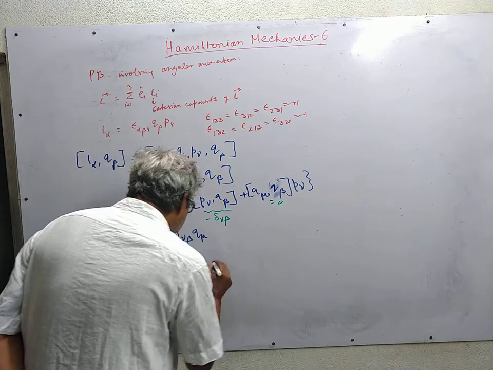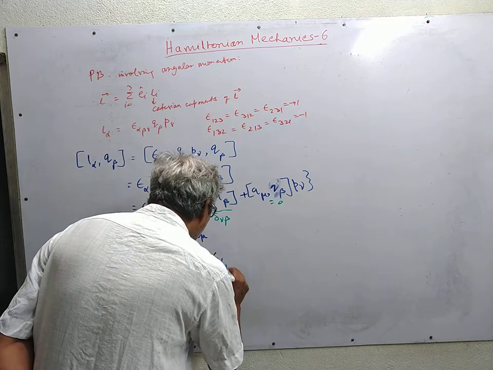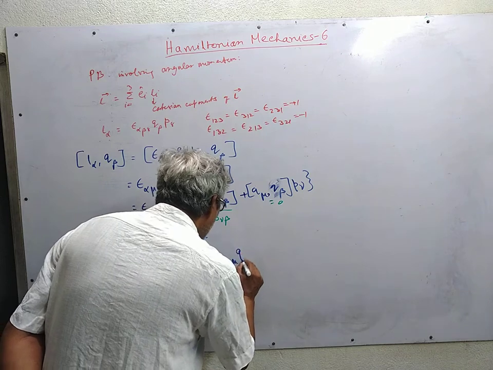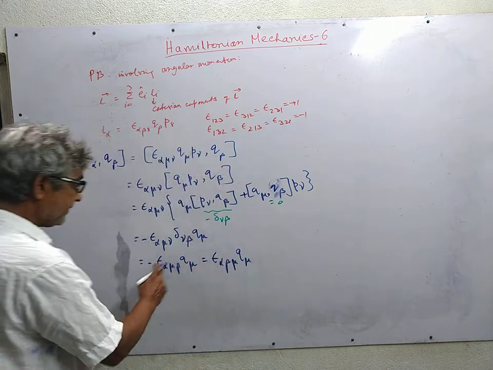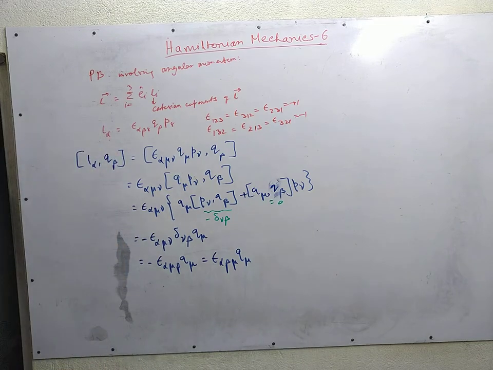We just interchange the ordering and write it as ε_αβμ Q_μ, with a minus sign adjusted. So this is the single derivation which accounts for all 9 relations. Alpha may be 1, 2, 3 and beta may be 1, 2, 3. So all the 9 relations are coupled together in a single derivation.